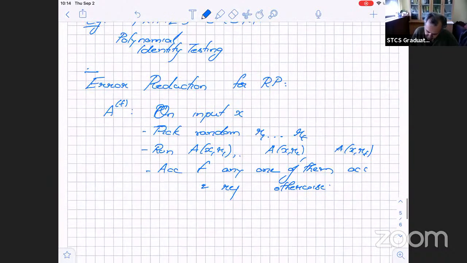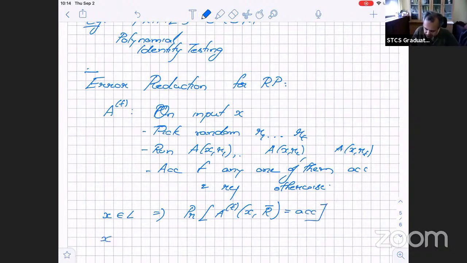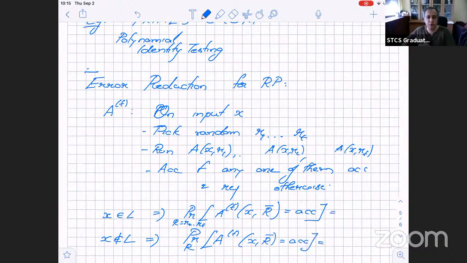So let's quickly see: if x is in the language, what's the probability that A_t(x, r) accepts, where r is the big random string r_1, r_2, ..., r_t, a combination? And if x does not belong to the language, what's the probability? Suppose it was originally half.